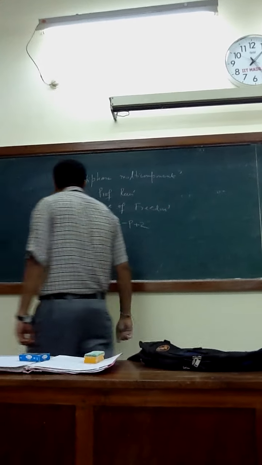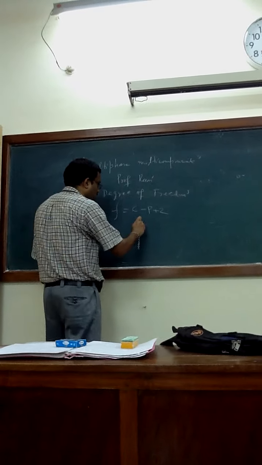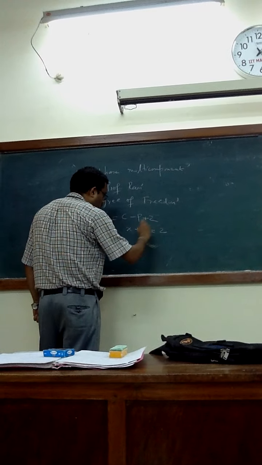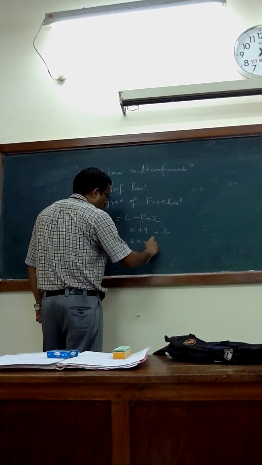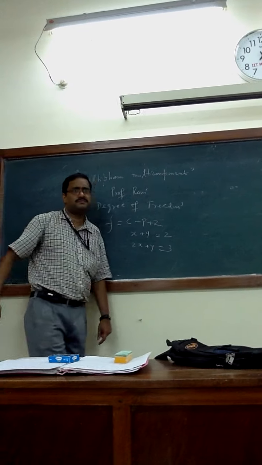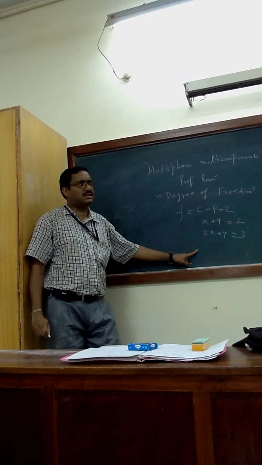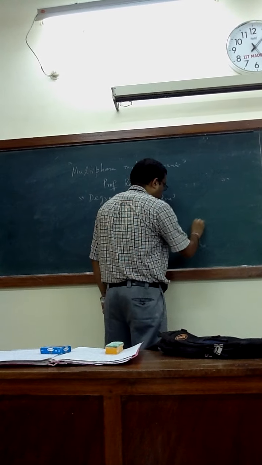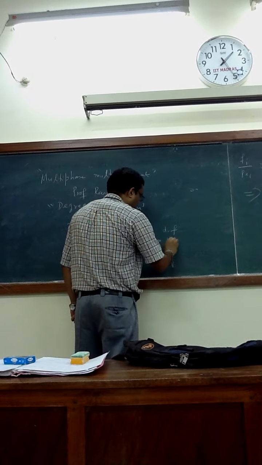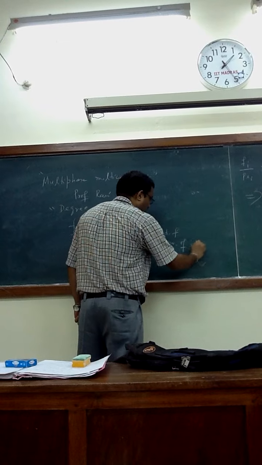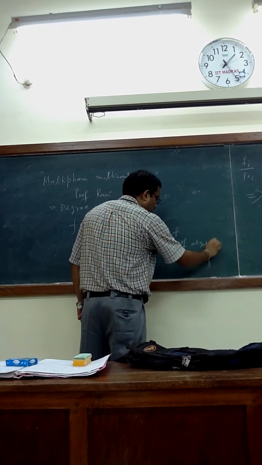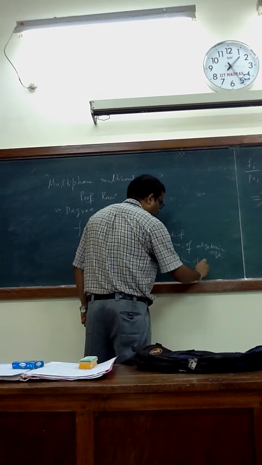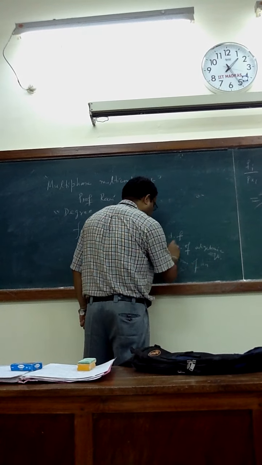So, for example, we have the equations x plus y equals 2 and 2x plus y equals 3. This is an algebraic system. If I want to know the degree of freedom of the system, DF equals number of unknowns minus number of algebraic equations.